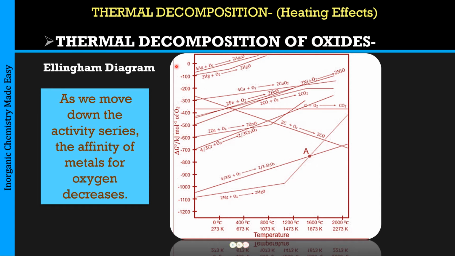So the affinity of mercury and silver for oxygen is decreasing to form the corresponding oxide. That is why these oxides are unstable. When we heat them, we get the corresponding metal. All right, so this is what you have to remember, how we get these thermal decompositions of oxides, what the results are. This is the understanding we have.